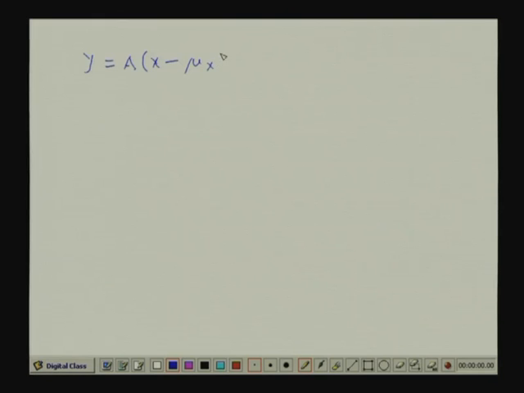So, using this matrix A which has been so formed, we form a transformation like y equal to A into x minus mu x, where x is a vector and mu x is the mean vector. Now, this particular transformation, the transformed output y that you get, follows certain important relationships.